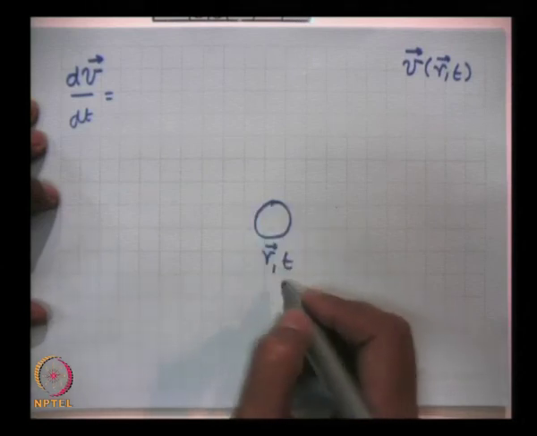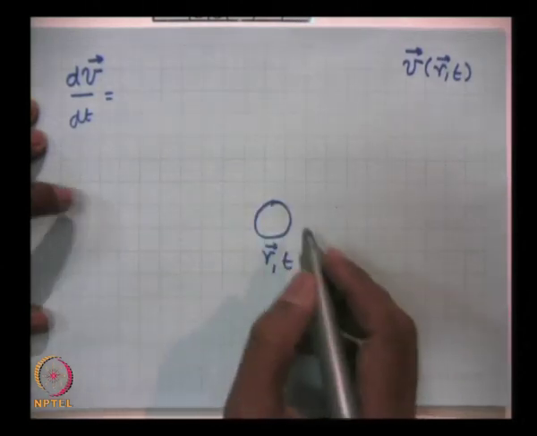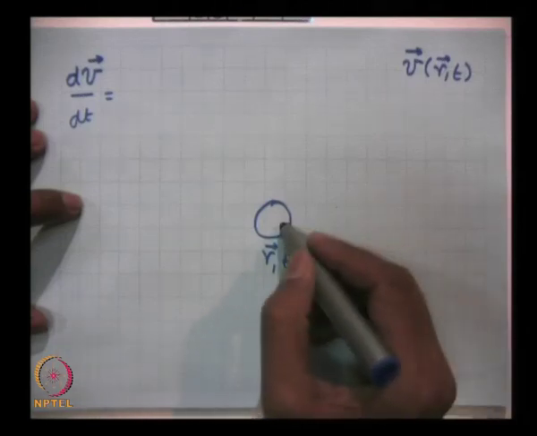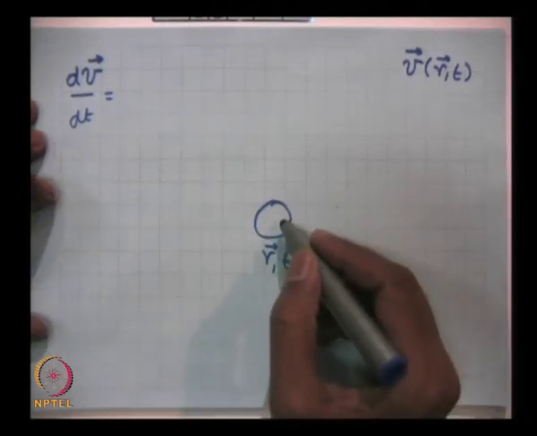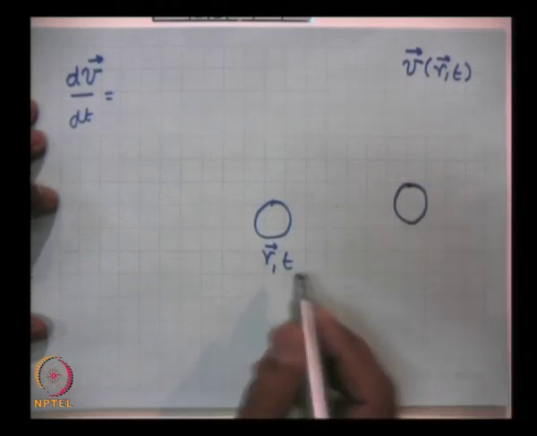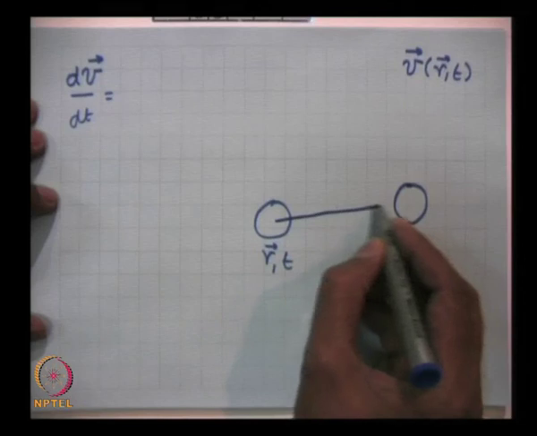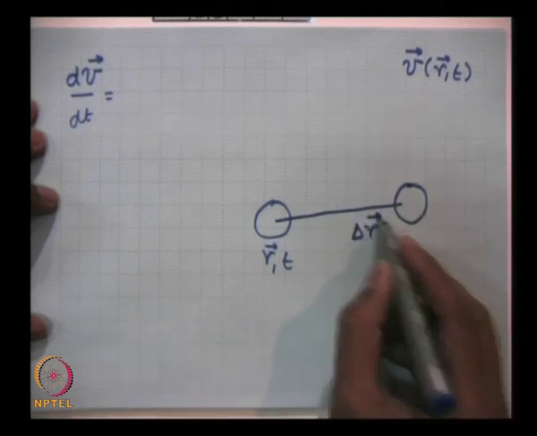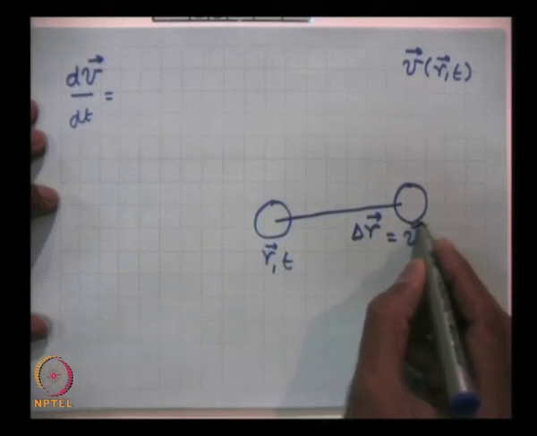So, consider the number of particles here, find their average velocity at time t. After a while, because they are moving with a finite drift velocity, they have moved out somewhere here. So, this position would be moved by a distance delta r, which will be equal to velocity V times delta t.